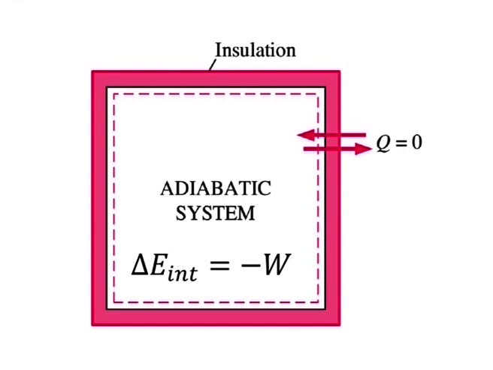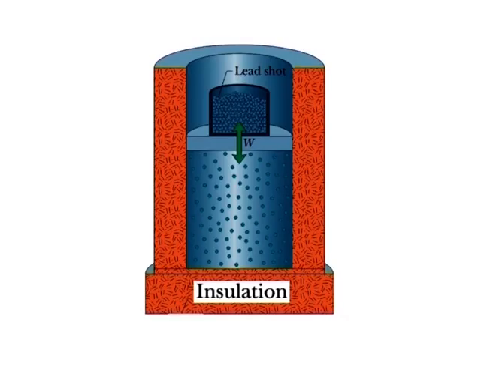This figure here shows an idealized adiabatic process. Heat cannot enter or leave the system because of the insulation. Thus, the only way energy can be transferred between the system and its environment is by work.